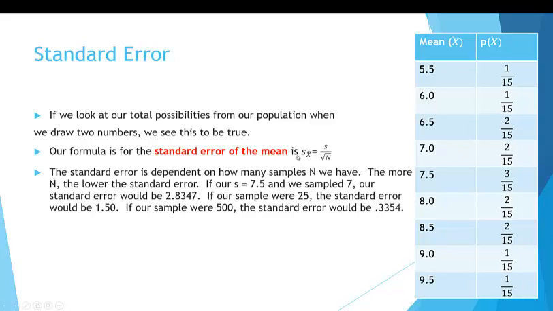Our standard error of the mean, or standard deviation of our samples. This is the formula that we're going to use to figure this. It's written as S subscript x bar, and that's read as standard error of the mean, is the standard deviation of our samples divided by the square root of n, the number of samples that we have.